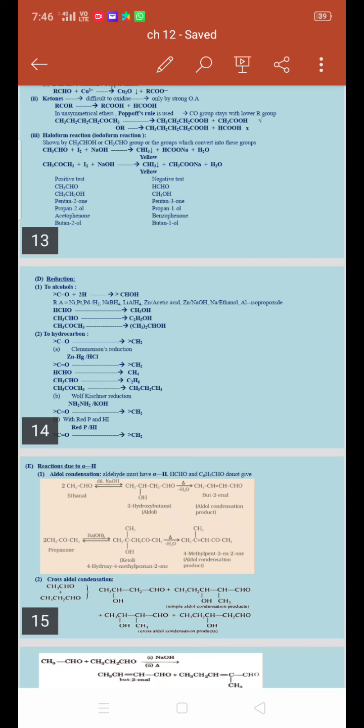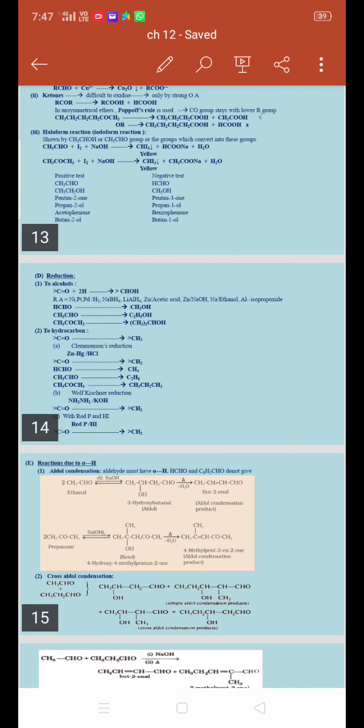When propanone is reduced, what will I get? I will get (CH3)2CHOH. Two times C is methane, ethane, and there is one more carbon atom, 3. So it is propyl alcohol or propanol. So this is the first way of reduction.